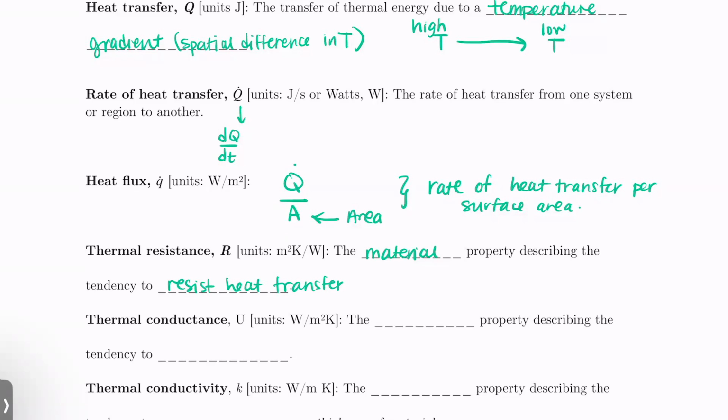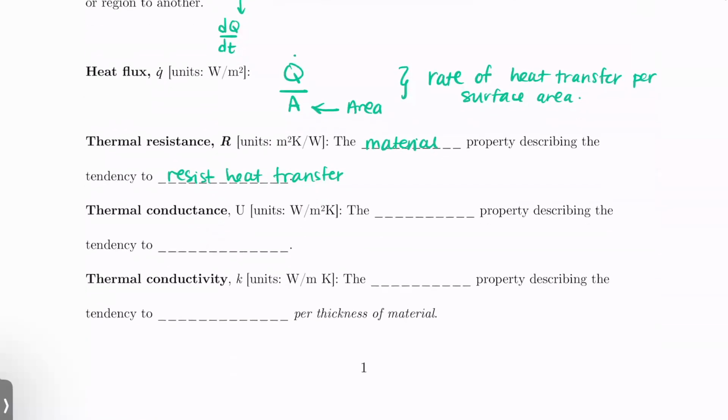It's the opposite of thermal conductance, which also has the variable U assigned to it, which is great. I love that for us. This is also a material property that describes the tendency to conduct thermal energy.